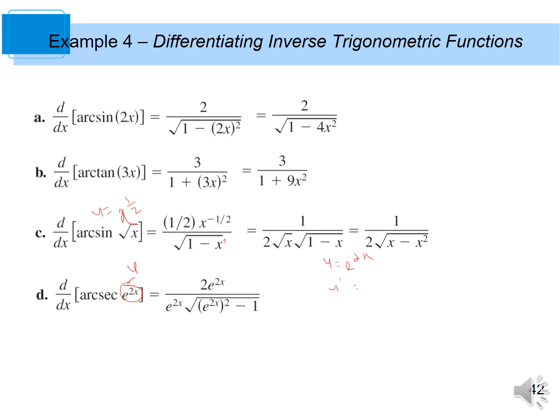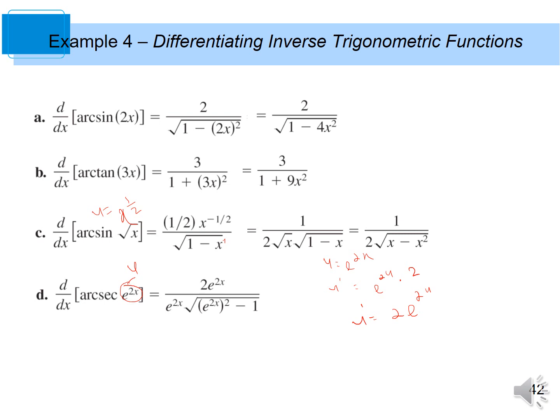This function also is a composite function, so it involves the chain rule. Now to get the u prime, we differentiate u, the inner function of this function. So we will have e to the 2u times u prime 2. So we have 2 e to the 2u. This is the u prime.